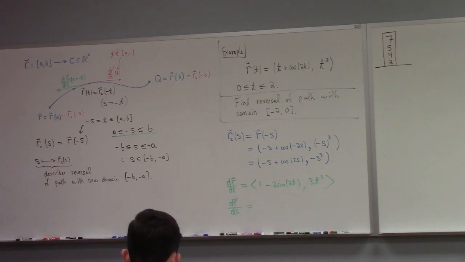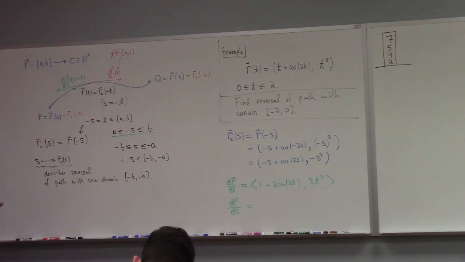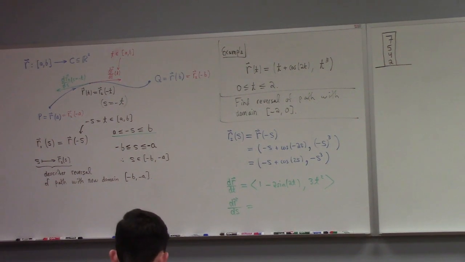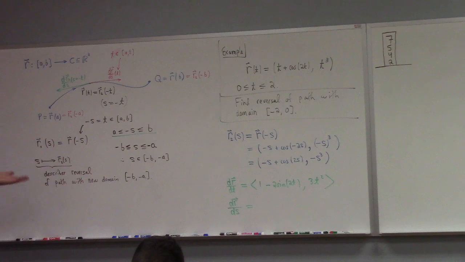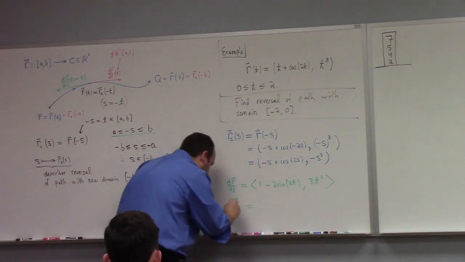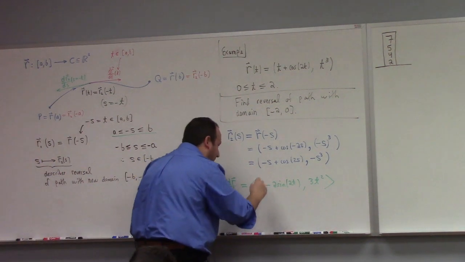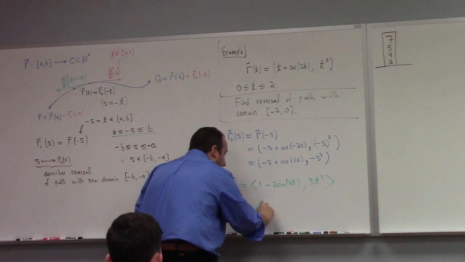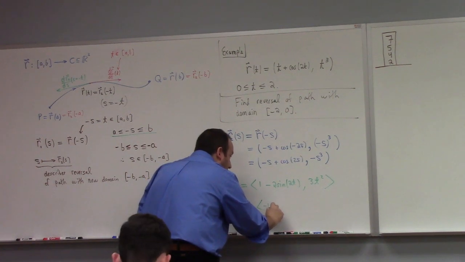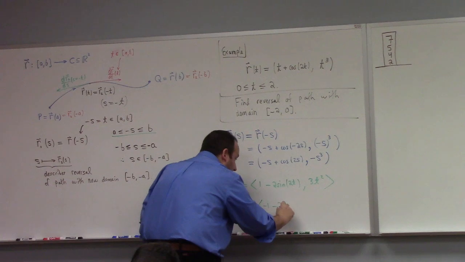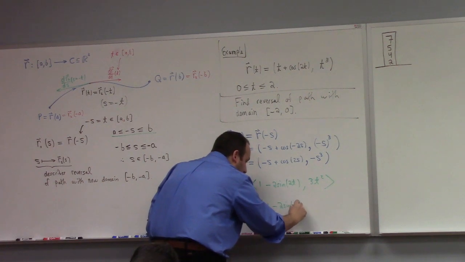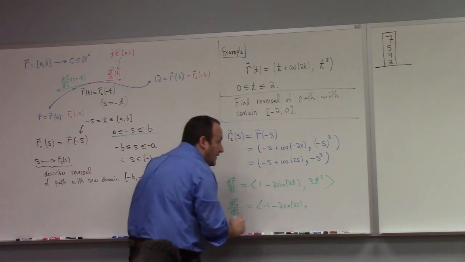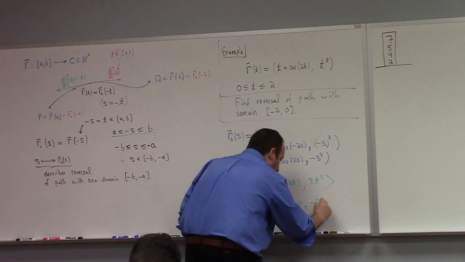Maybe I shouldn't think of t and s both being time. Let's say that they're the parameter of the path. So this would be the tangent vector to the path at s. So that's supposed to have a 2. Oops. So what would that be? I got a minus 1, minus 2 sine 2s, and minus 3 s squared.